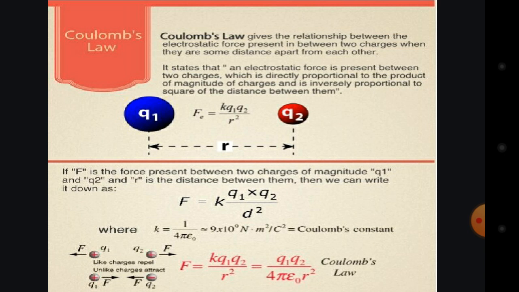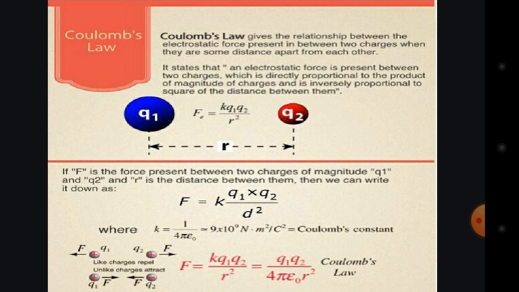If F is the force present between two charges of magnitude Q1 and Q2, and R is the distance between them, then we can write F is equal to K Q1 times Q2 divided by D square, where D is the distance between them.